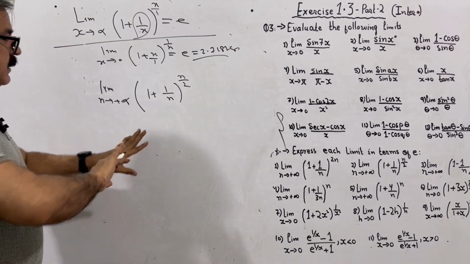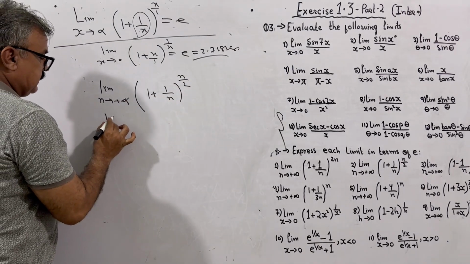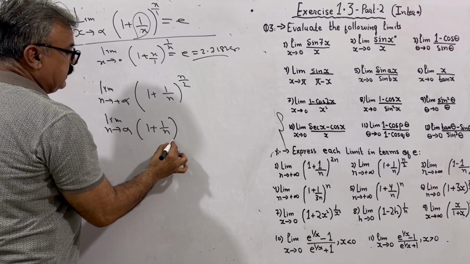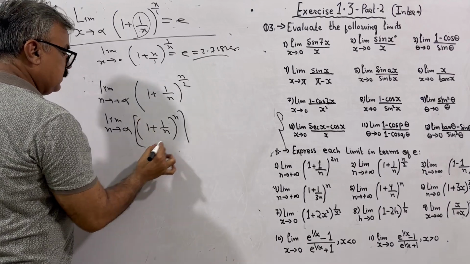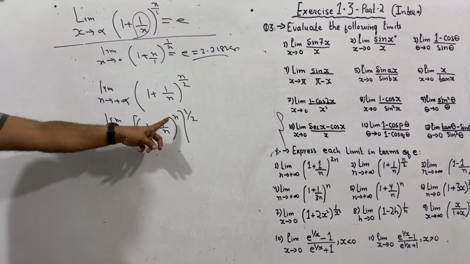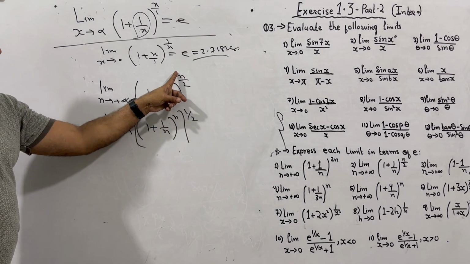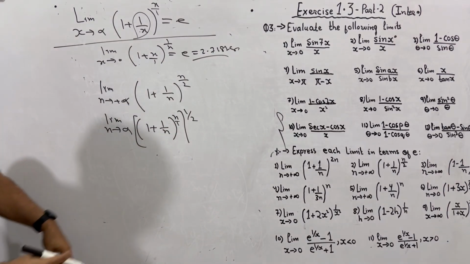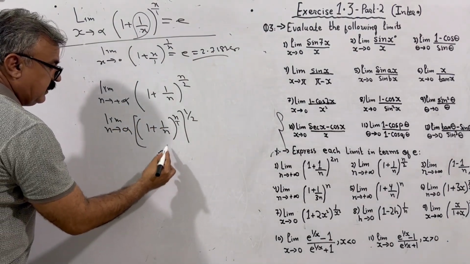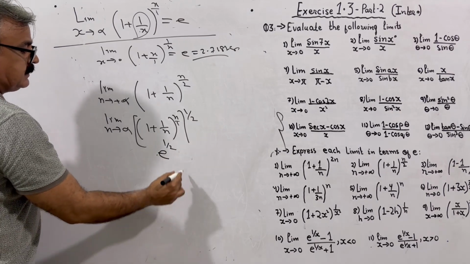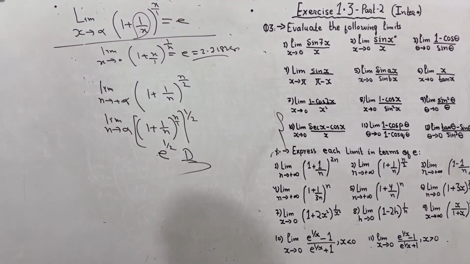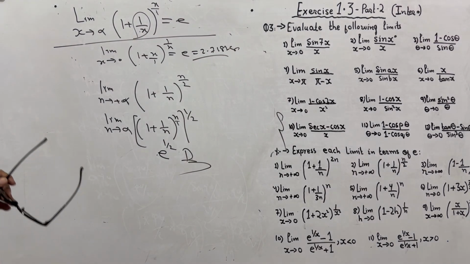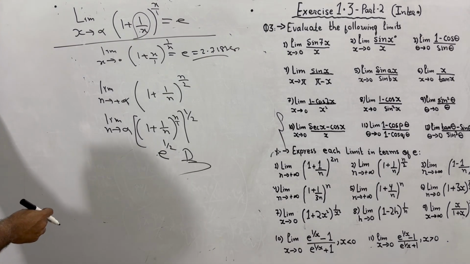We don't need 1 over 2. Try to manage the 1 over 2 as: limit n tends to infinity, 1 plus 1 upon n raised to n, overall raised to 1 over 2. n over 2 can be written as n times 1 over 2. There is 1 over n, there is n over 1, they are reciprocal to each other. It's equal to e raised to 1 over 2. e raised to 1 over 2 is our answer in that case. Second one is 1 minus 1 upon n raised to n. Okay.